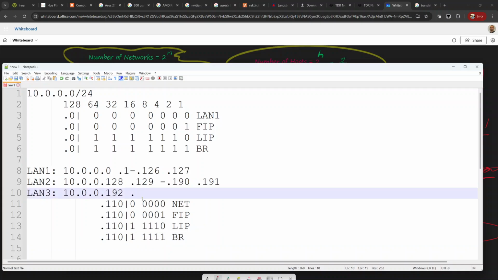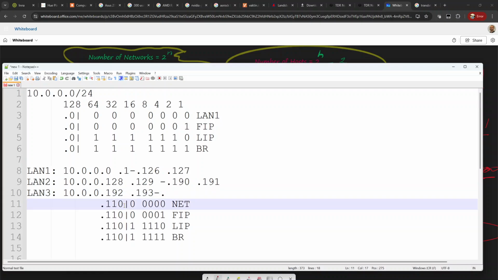So what will be the first host? As you can see, 192 plus 1 is 193. And then the last host will be 192 plus 16 plus 8 plus, okay. So in general, looking at the magic number here is 32. So we're going to get 30 hosts.